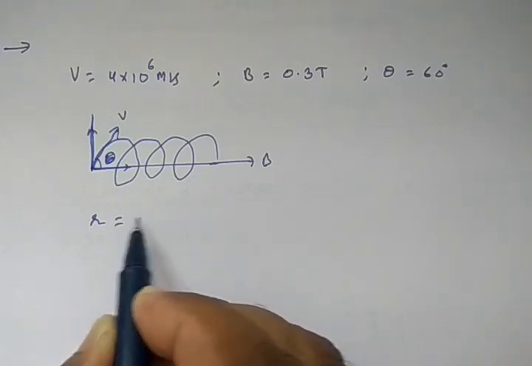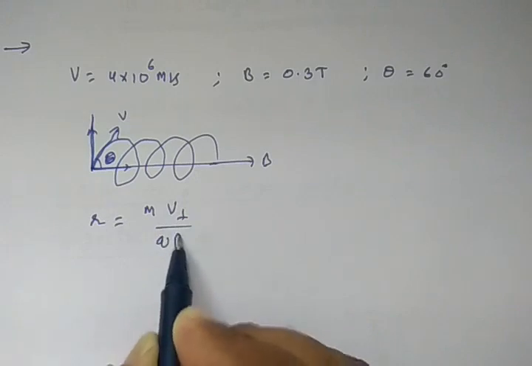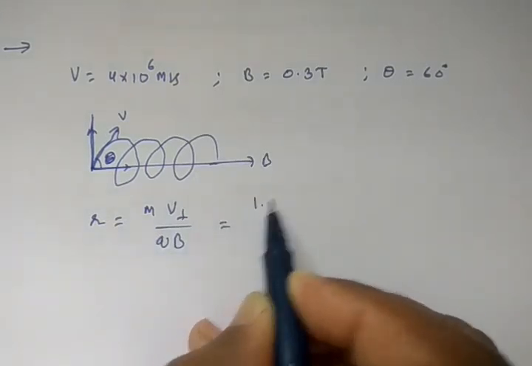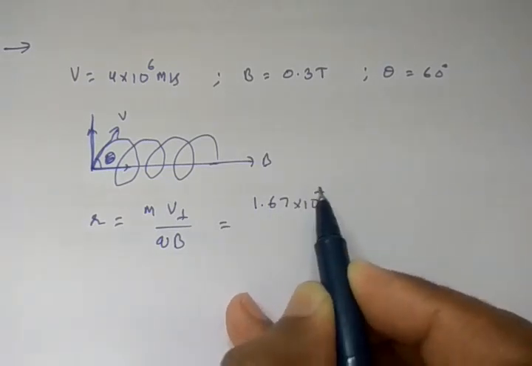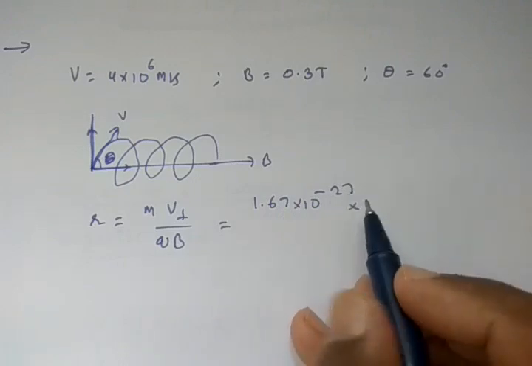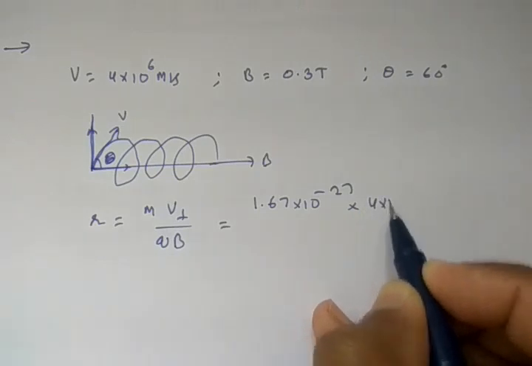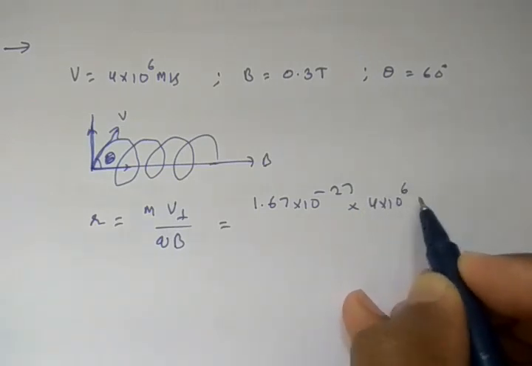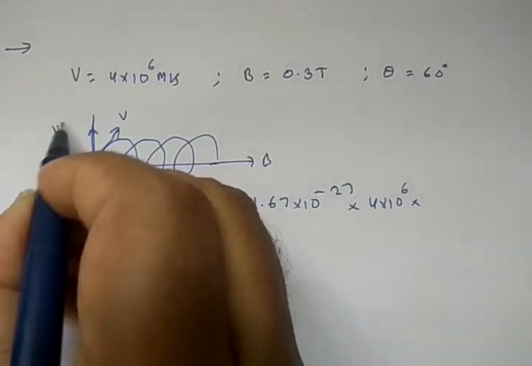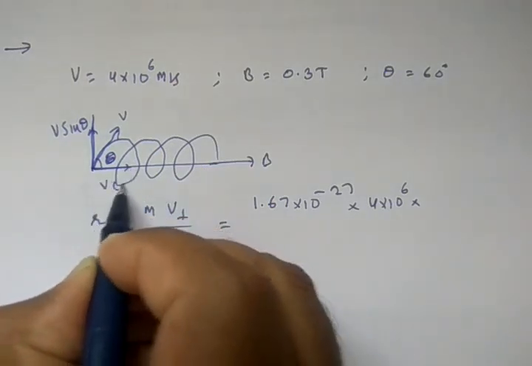The equation is m v perpendicular by q times B. Mass of the proton is 1.67 × 10^-27, and the perpendicular component of velocity is 4 × 10^6 times sin θ, while the parallel component is v cos θ.